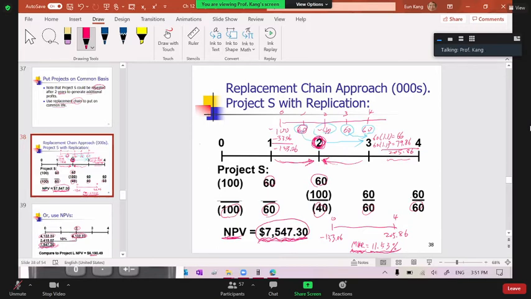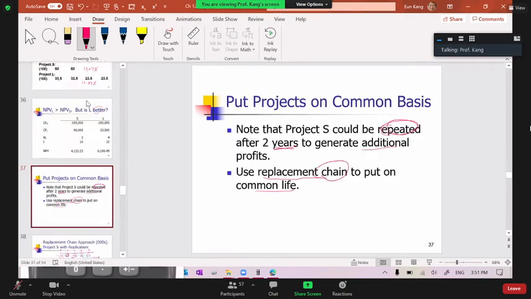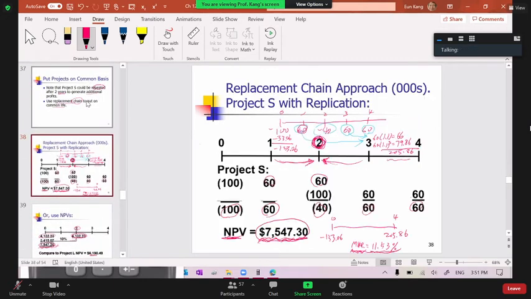Because according to MIRR, this project is doing the worst, right? Compared to, look at this, 13.07, 12.83, but this one, 11.53, that's really strange.